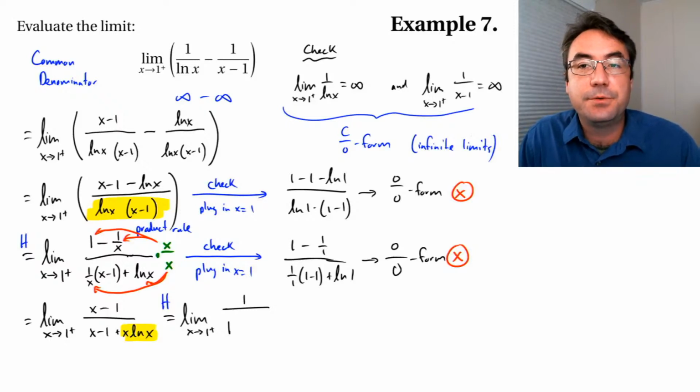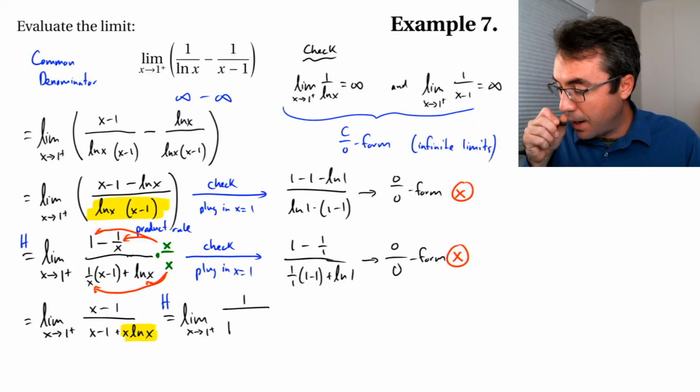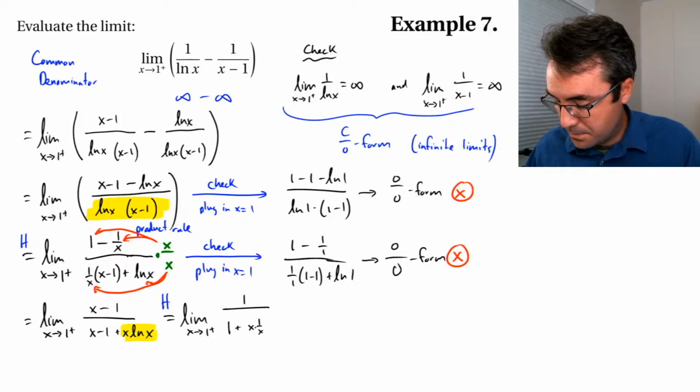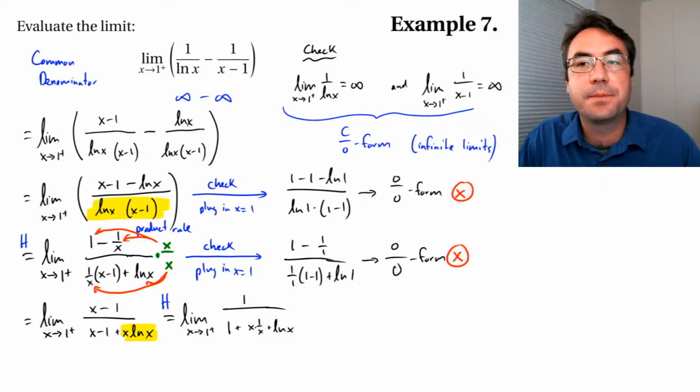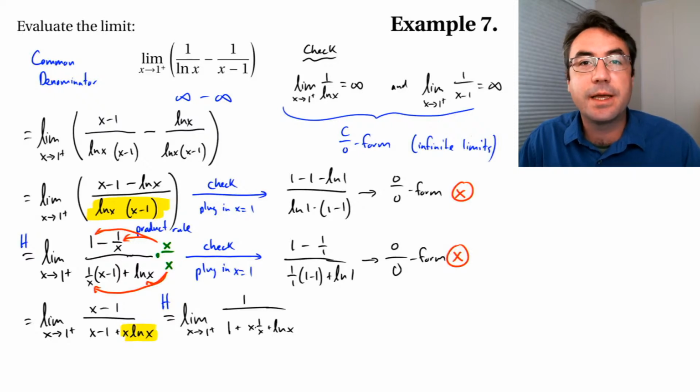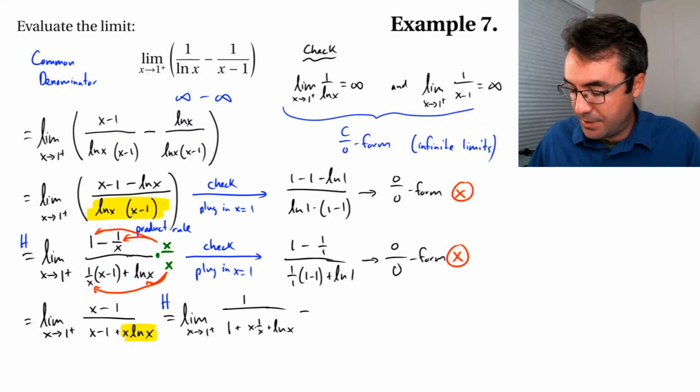So we'd have to use product rule for that as well. I'm not going to show all the little steps there, but we'd end up with x times 1 over x plus natural log x. And then we try plugging in again just to see what happens.